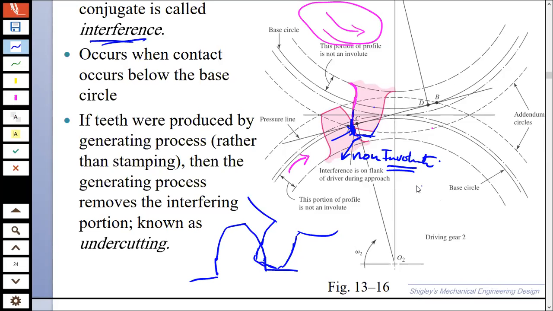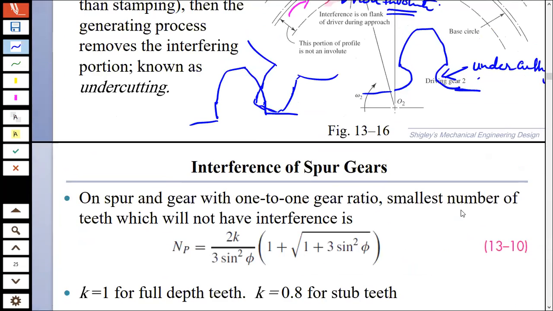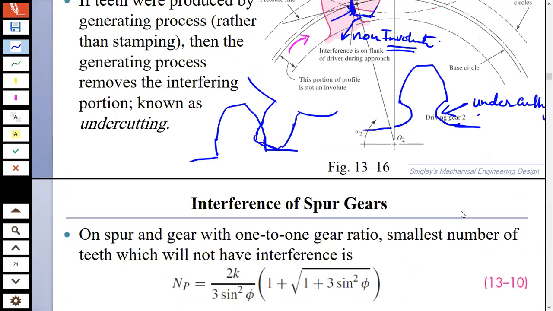For example, one way would be that we do not go straight, but rather make the tooth like this. This is known as undercutting. But the more you do undercutting, the weaker you make this tooth. The tooth is going to break.